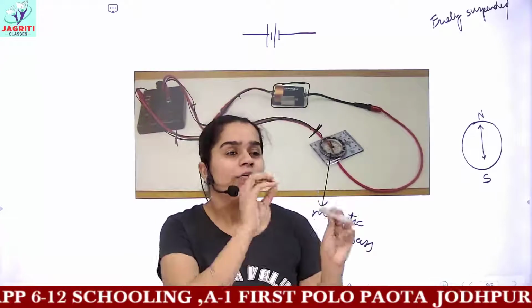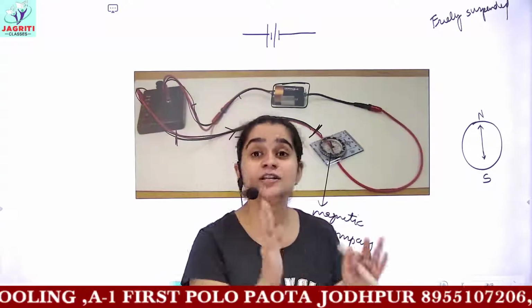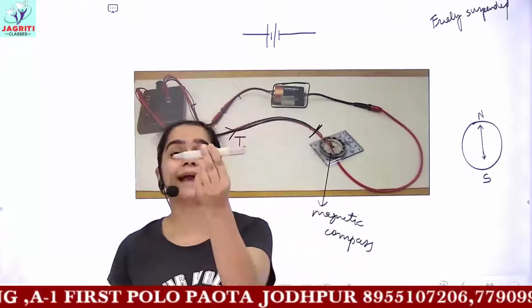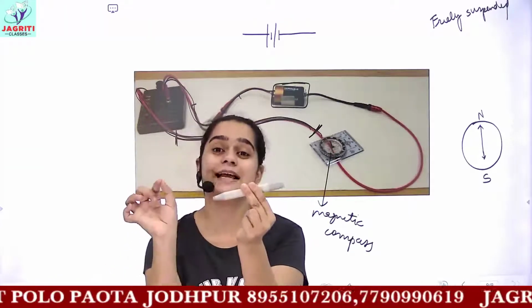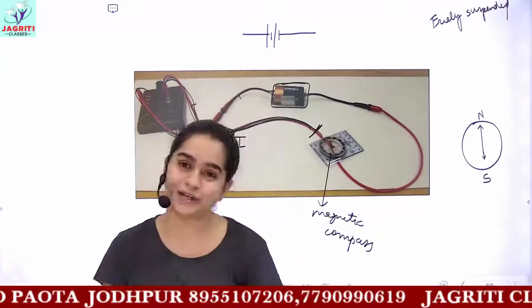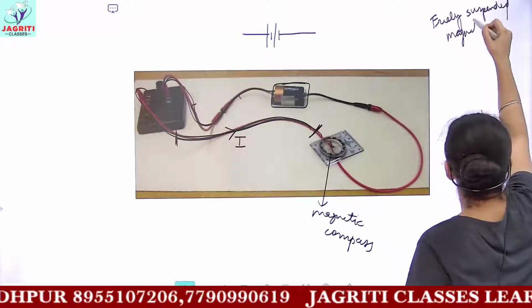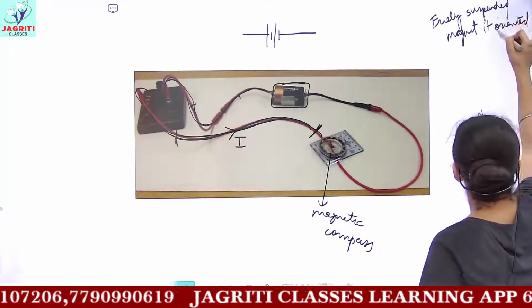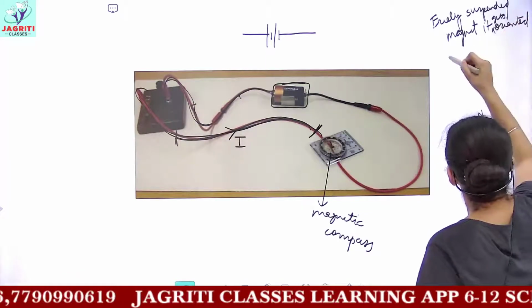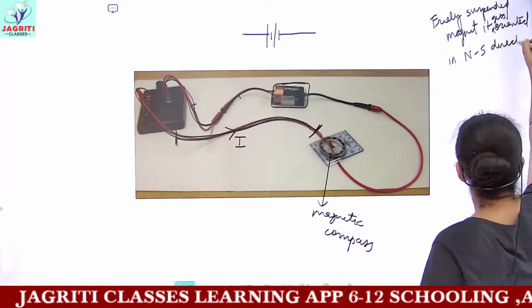Whether you perform this activity 100 times at different locations, you will observe that freely suspended magnets orient themselves in the north-south position only. So we can conclude that a freely suspended magnet always gets oriented in the north-south direction.